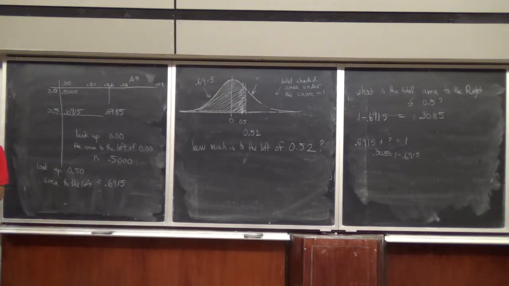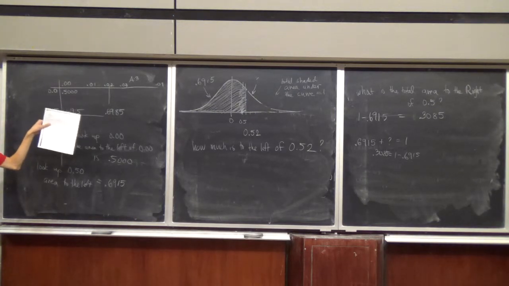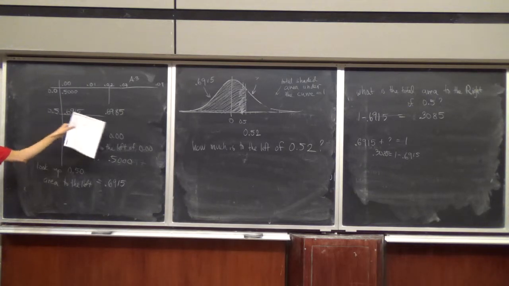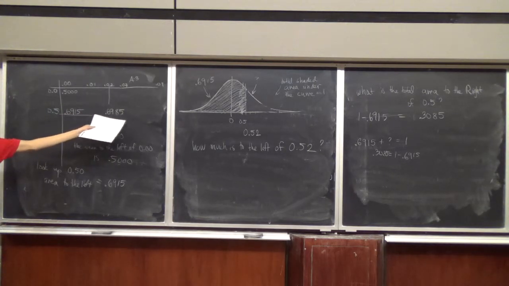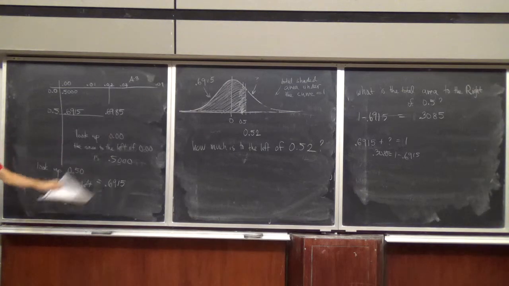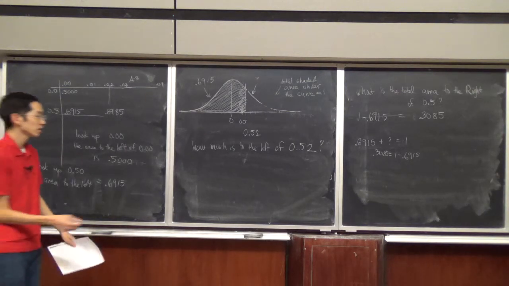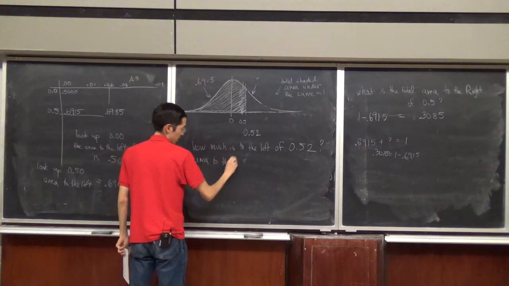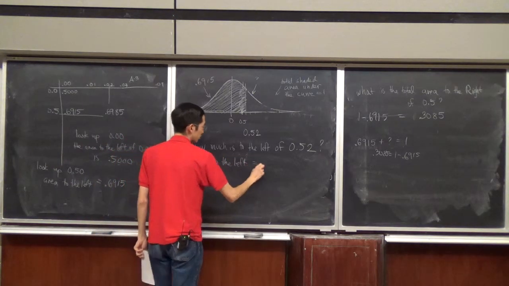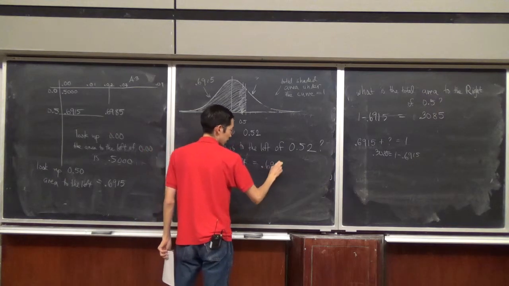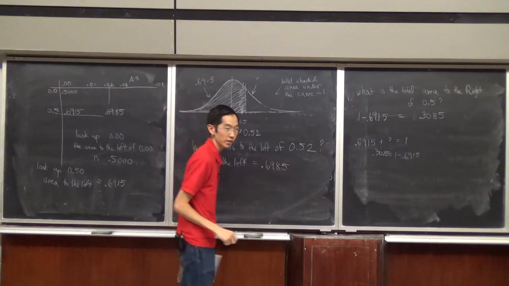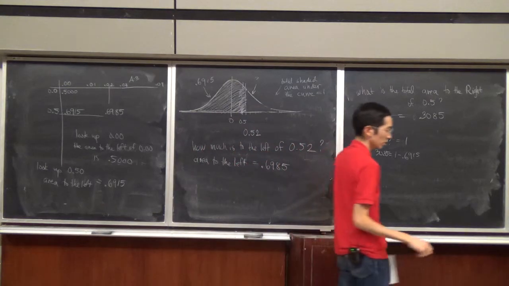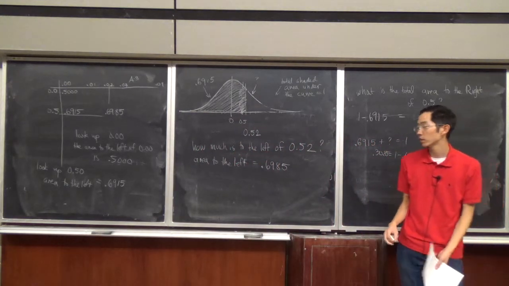Can we see that? All right, so I just want to make sure everybody can find 0.52 on the table and find the number that represents the area to the left is 0.6985. So the area to the left is equal to 0.6985. So about 70% is to the left of 0.52.